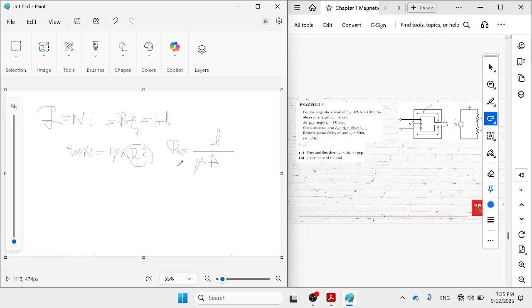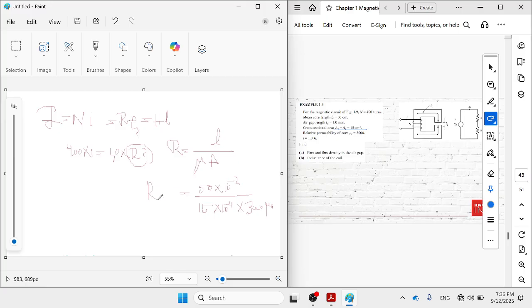But we have two reluctances in series. One is the core reluctance. The other one is the air gap reluctance. So for the core reluctance, it is 50 centimeters, so it is 50 times 10 to the minus 2, over A, which is also given as 15 times 10 to the minus 4, times mu, which is 3000 times mu 0, correct?